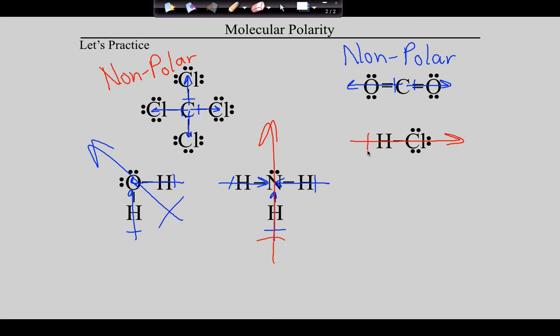Guys, for reference, HCl is hydrochloric acid. Our stomach uses it to digest our food because of that polarity. The polarity of that bond causes that bond to break very readily, which is what makes this molecule acidic. All right, guys, we got one more.